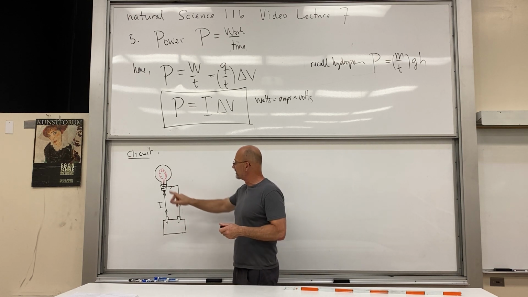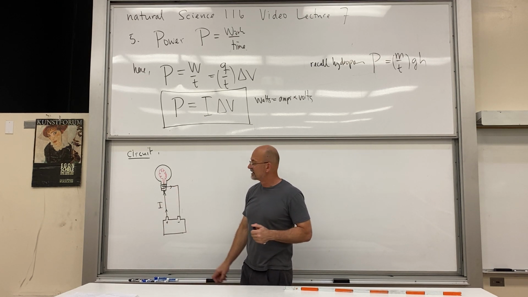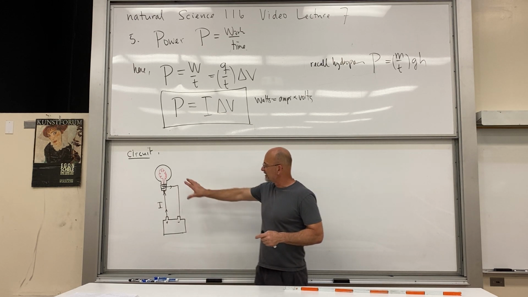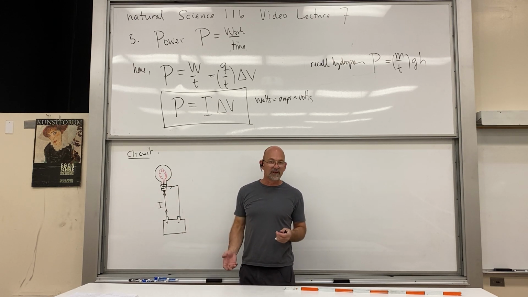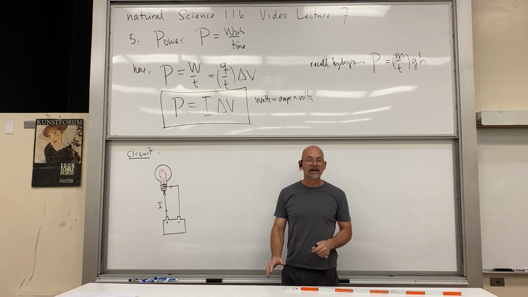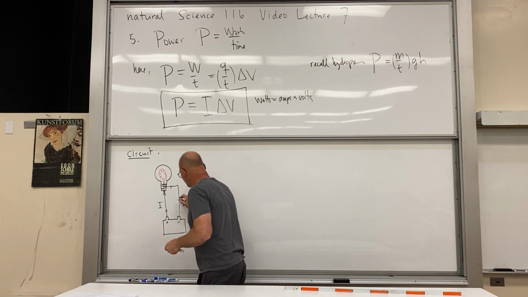Why does the bulb glow? It glows because that filament is literally red or even white hot. It's really just heat, and the metal at that high temperature actually gives off visible light, and that's what we're seeing. If you grab this bulb, you're going to burn yourself. It's very hot, so it's giving off heat as well. Okay, very important.